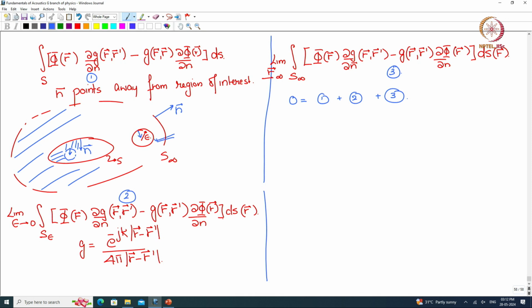Now also the normal points inward. Okay, so there's no difference over there. So what will happen now is that we will have to deal with the third integral.